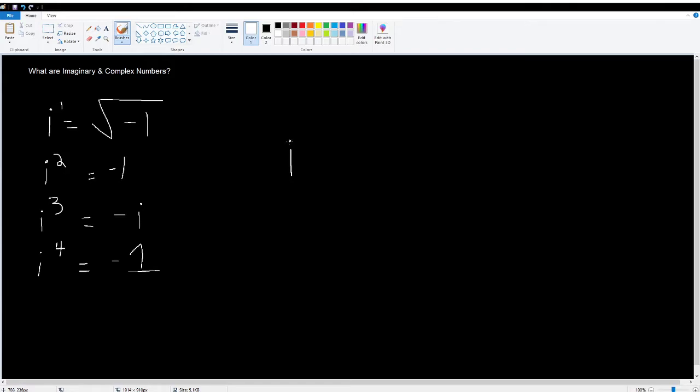So to put things into a better perspective, if I have i to some power a, then a mod 4.